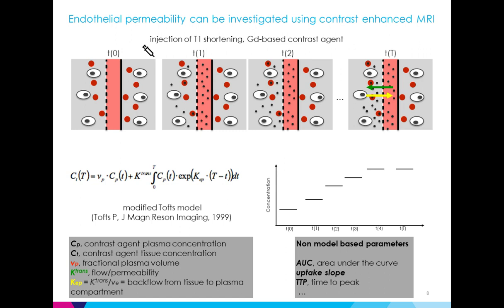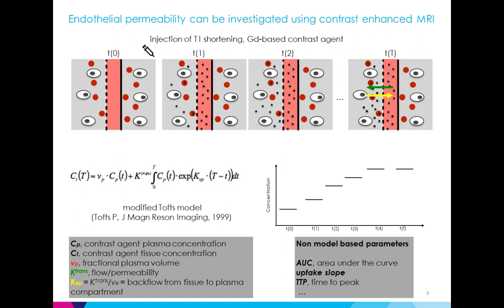For practical purposes, for DCE MRI modeling, this means that CP, so an estimation of the contrast agent concentration in the blood plasma, will not be available for these kind of studies because we don't have really signal from which to estimate it. So several other approaches can be taken to actually analyze these data specifically.